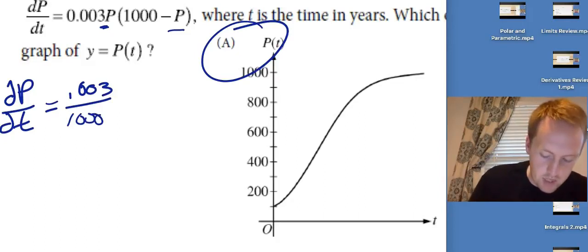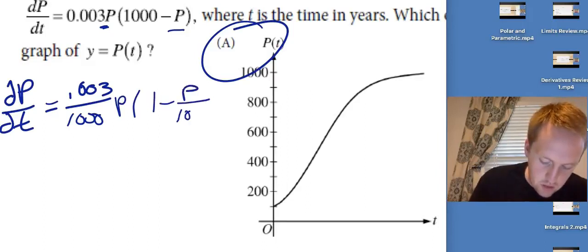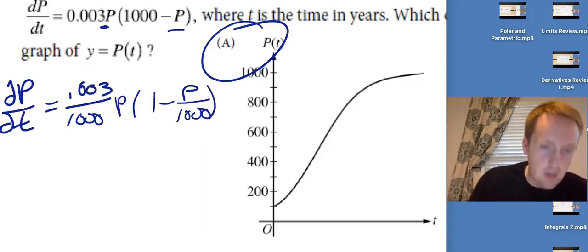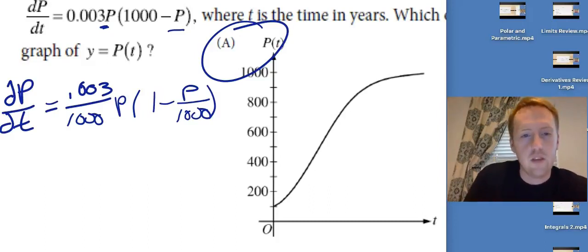That k is just some constant, times 1 minus P over 1,000. You may need to simplify numbers like this, but they're usually not quite this messy. But I mean, divide by 1,000, you just move the decimal place over 3 times to the left.